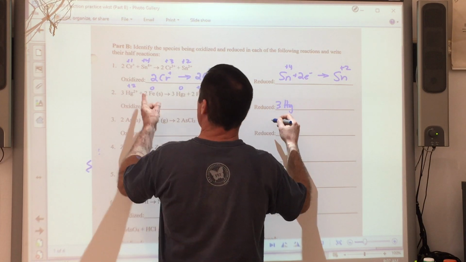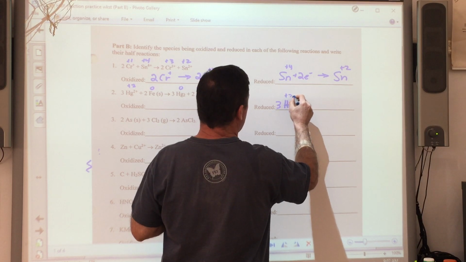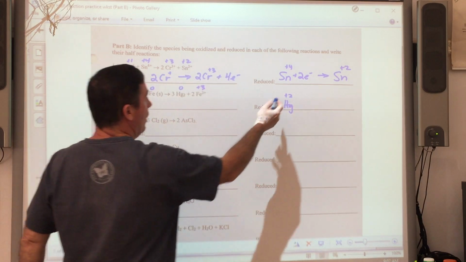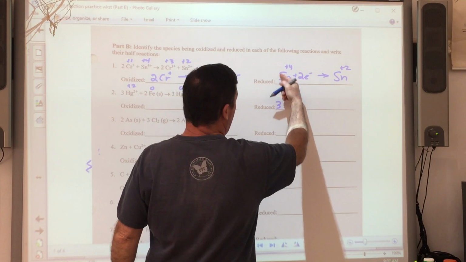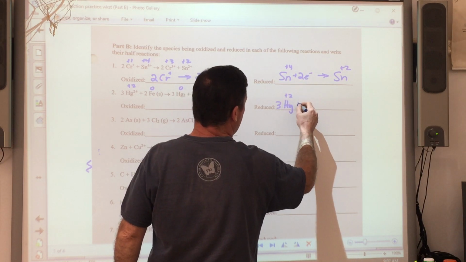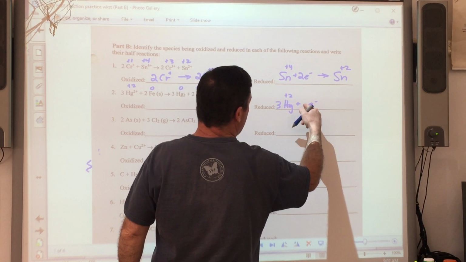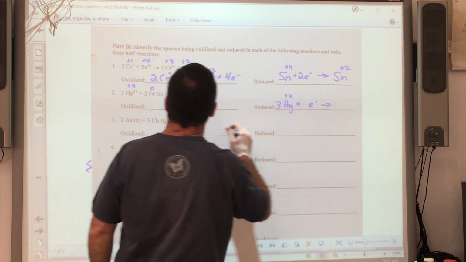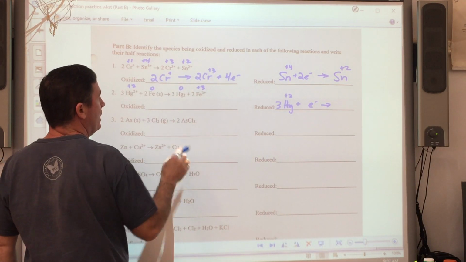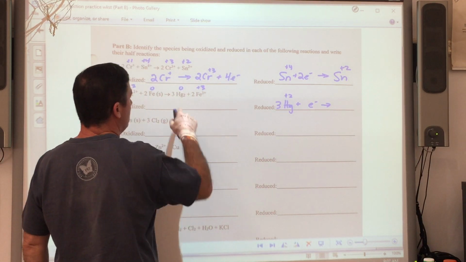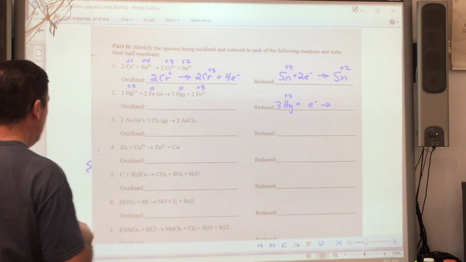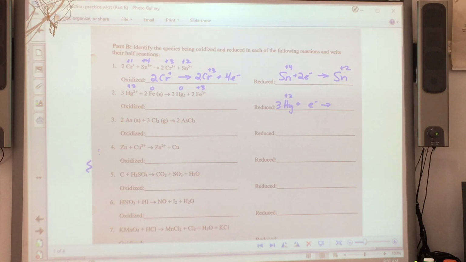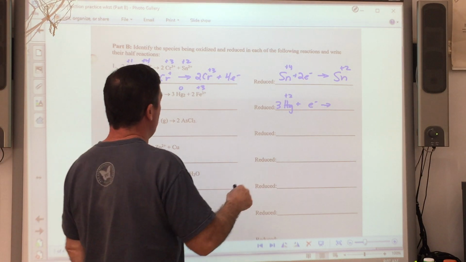3 Hg's with a +2 each. I know on this side I'm going to gain electrons by adding them. And I'll leave this blank. What does it become? 3 Hg2. Okay? Now, when we write those, we can write them as such.